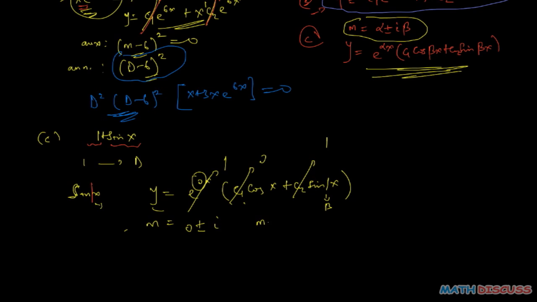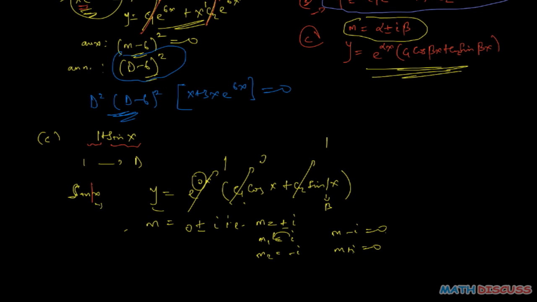So in other words, we have m equals plus or minus i. But then you have two values here. So you have m1 equals plus i, and m2 equals minus i. So we write this out. If I bring this one here, you have m minus i equals 0. And if I bring this one to the other side, you have m plus i equals 0.